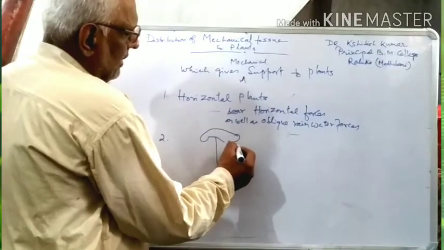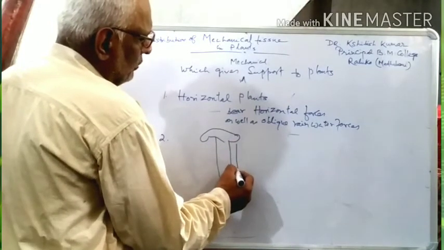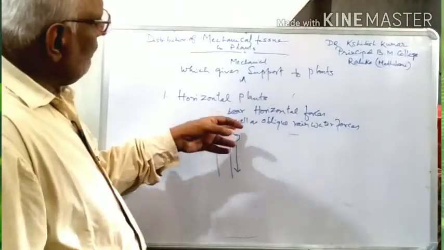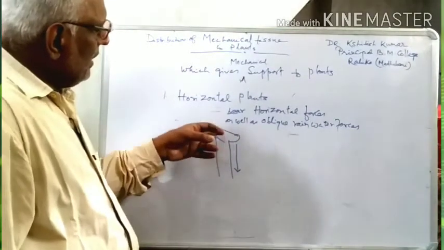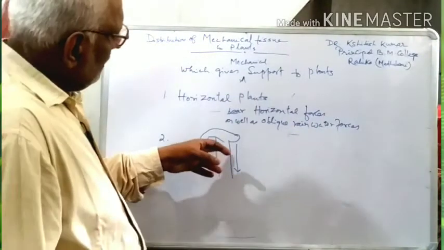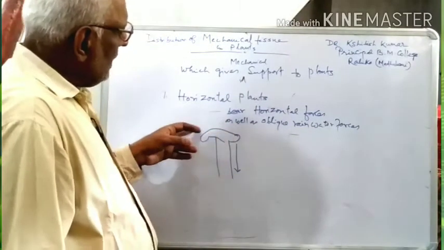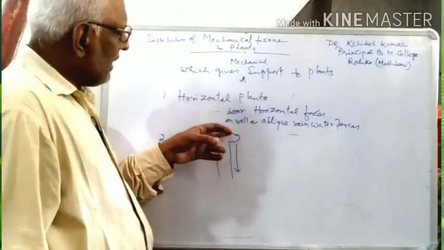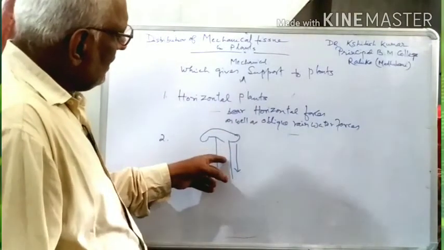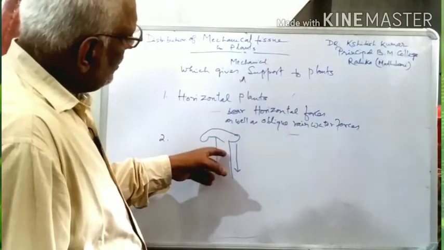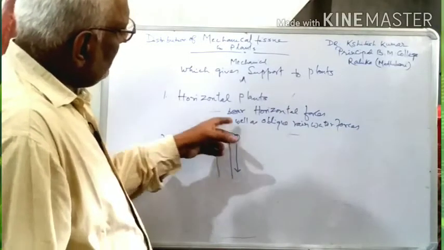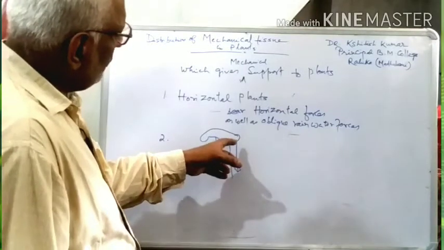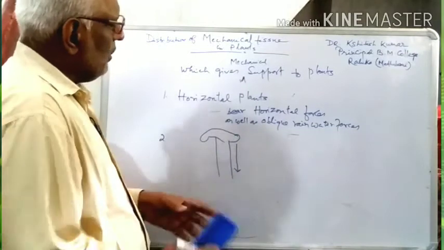They have to bear longitudinal forces, because all the weight of the plant is borne by the trunk, which supports the upper organs like the leaves and branches. The weight goes downward, so the trunk has to bear longitudinal forces.